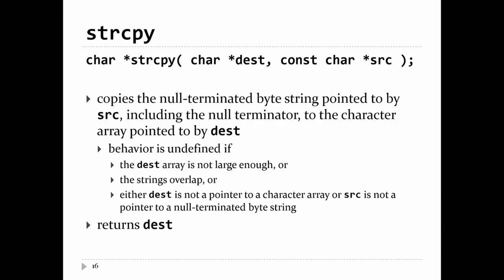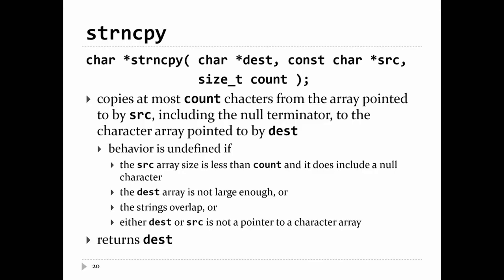So there is strcpy. We saw string copy. So just like strnlen, there's a strncpy, the quote unquote safe version of string copy. So strncpy has this extra parameter here called count. That will copy at most count characters from the source array into the destination array.